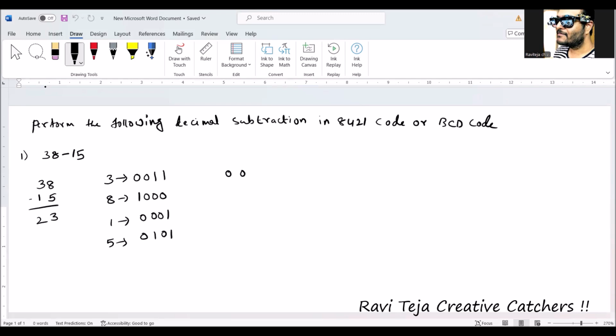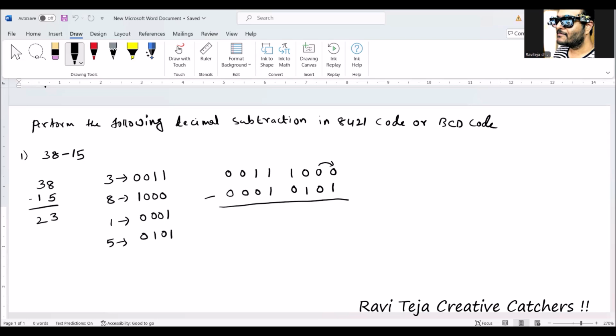0011 1000 minus 0001 0101. So 0 minus 1, we can't subtract, so we need to borrow a number from here.